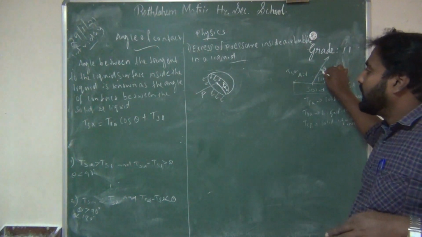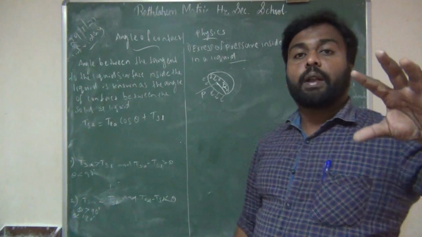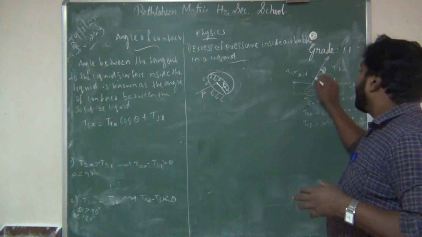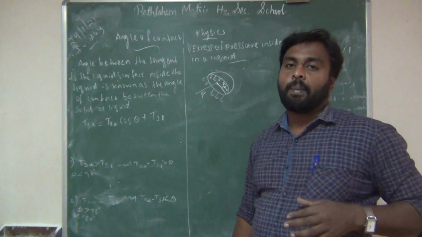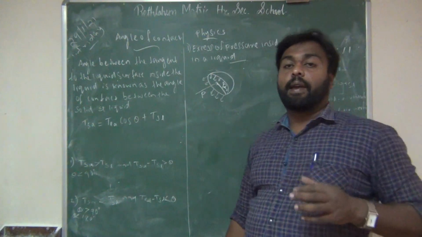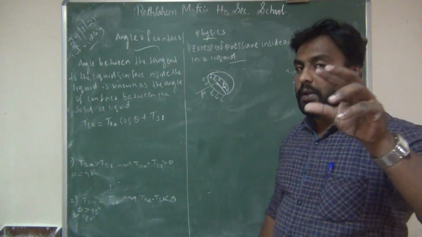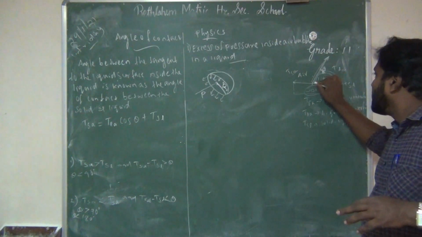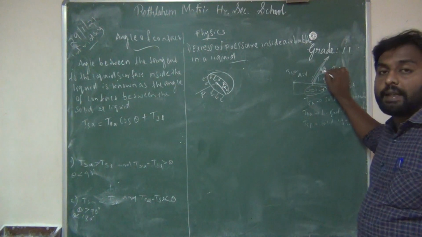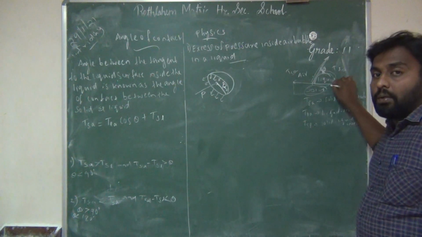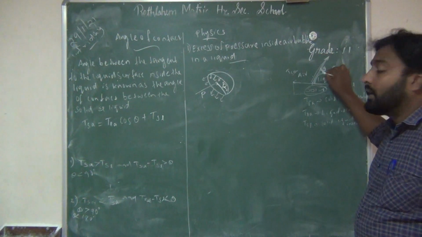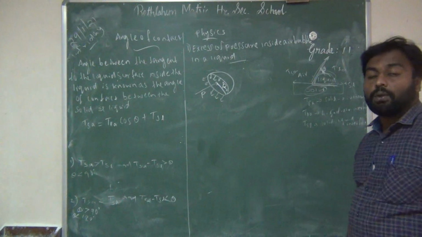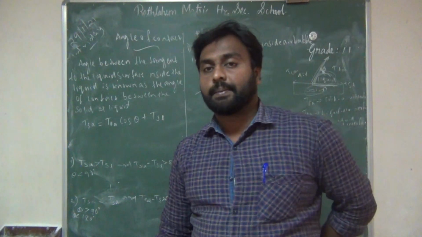This angle we are saying angle of contact, and it is between the solid and the liquid interface. So again you see there is an angle forming between this liquid and this tangent line. Now this angle we are saying angle of contact between the solid and the liquid interface.